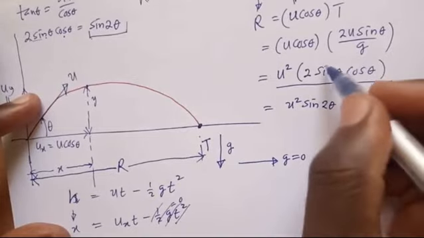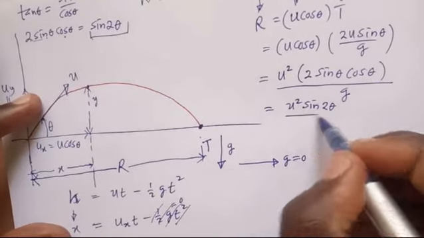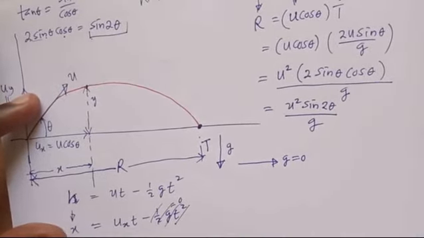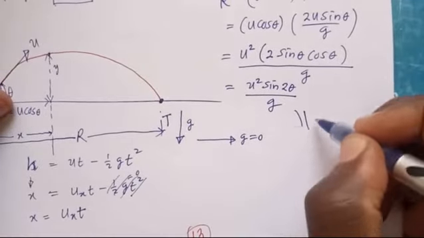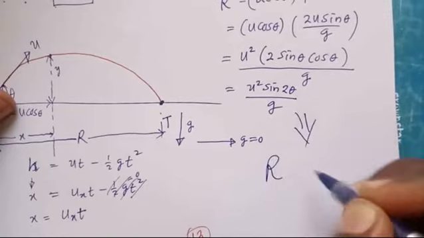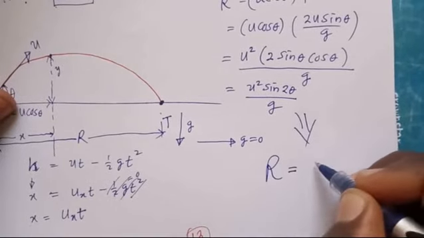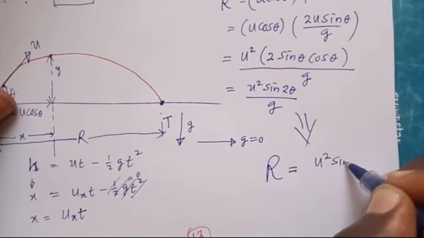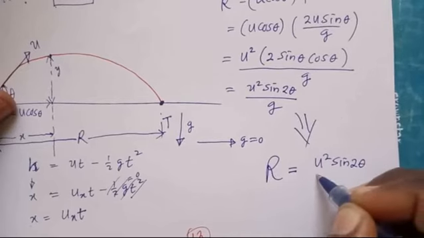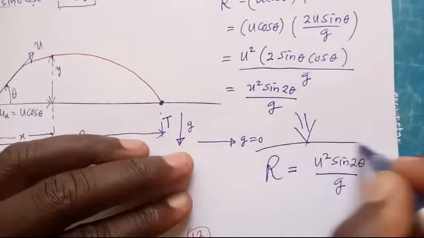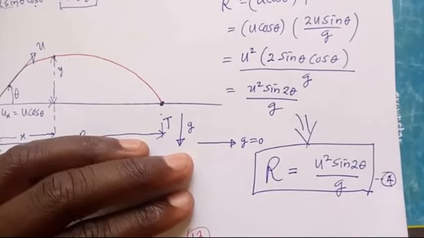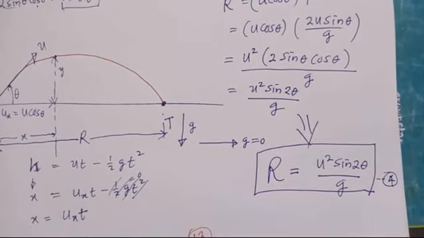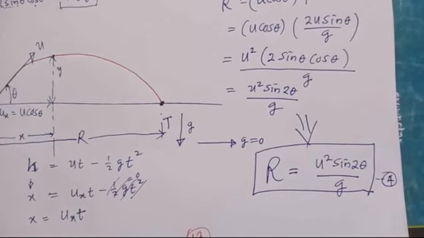What is in the bracket is identical to this, divided by g. This gives us the expression for the range. So we can conclude that our range is equal to u squared sine 2 theta over g. This is our equation 4. Whenever they ask you to get range, this is the formula you need.